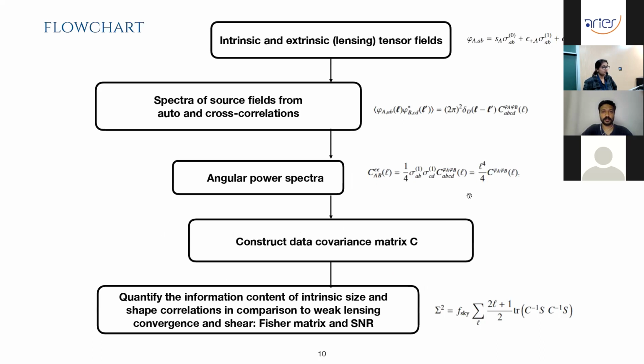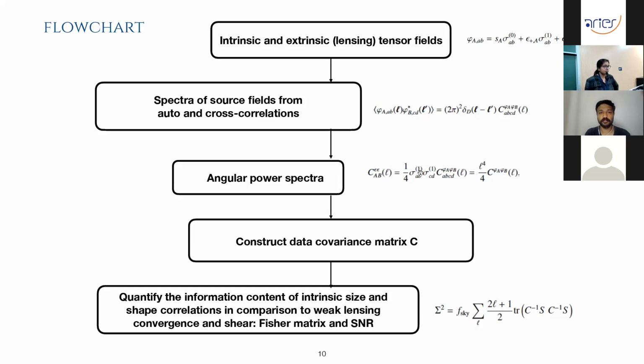The work is essentially summarized in this flow chart, where we can compute the intrinsic and extrinsic, as I already mentioned, lensing tensor fields. You can write this as a linear relation between the shape and these basis matrices. From there, you can compute the spectra of the source fields from auto and cross correlations between lensing and intrinsic spectra.